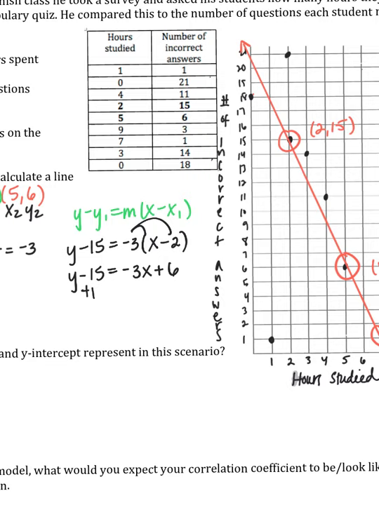And if I add 15 to both sides, I get y equals -3x plus 21. So here's my equation of my line of best fit. And if you notice, my y-intercept is 21 and my graph does cross over here at 21. So you did a really good, nice, accurate job of representing our line.